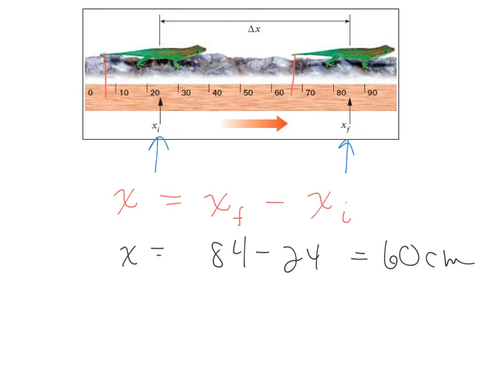What happens to my equation? It flips. So it becomes 24 is the final position. Right? Imagine this is now xf, and this is where the gecko starts. And we take that gecko and make him go that way. Well, it's 24 minus 84.